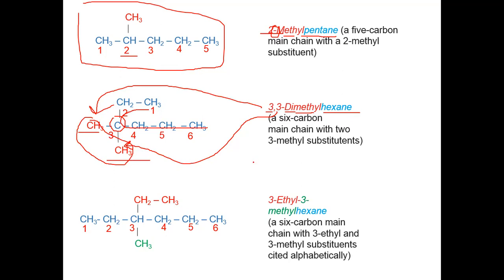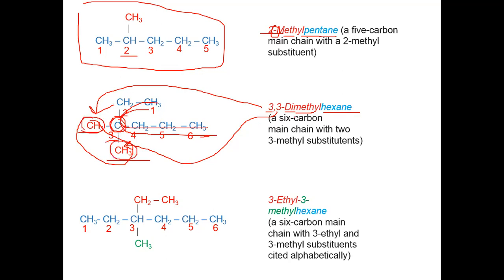Doctor, can you repeat this one? Okay, so the longest chain is 1, 2, 3, 4, 5, 6, right? It's the longest chain. On the third carbon, we have 2 attached methyl groups, one and the other one, right?